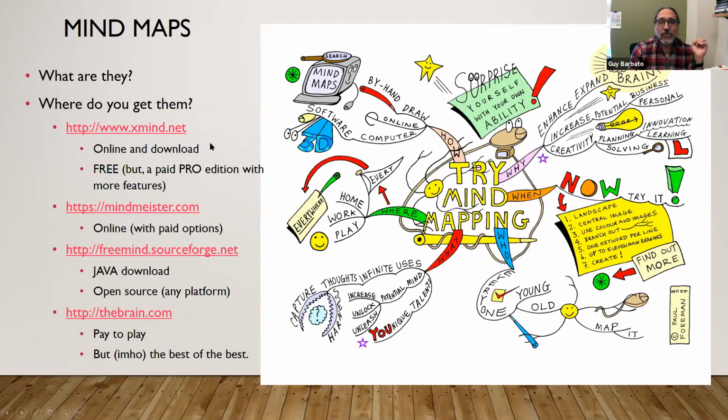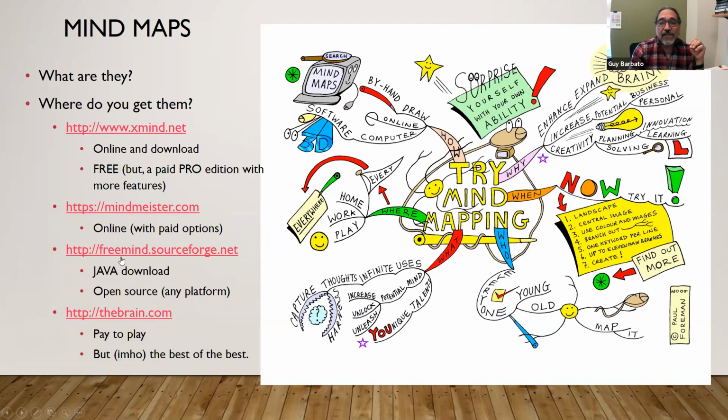I'll show you a couple of them. Actually, I'm going to skip XMind. XMind is a popular one. Students I've had in class before really like MindMeister, which is an online mind mapping program. I'll show you some of those.